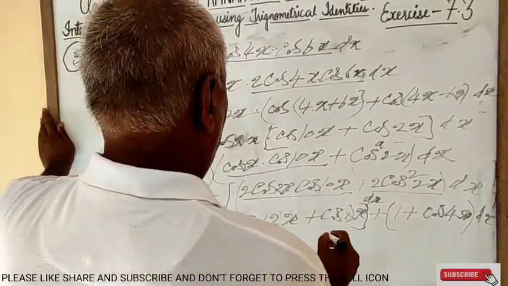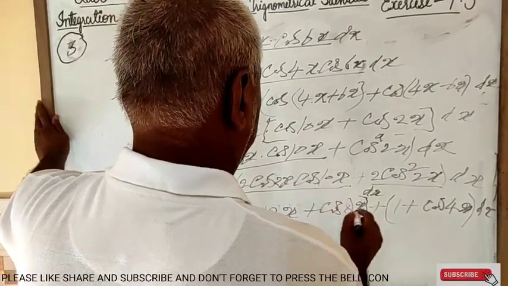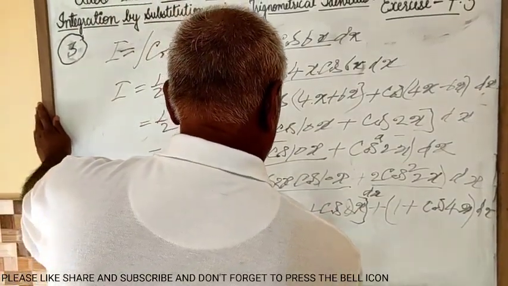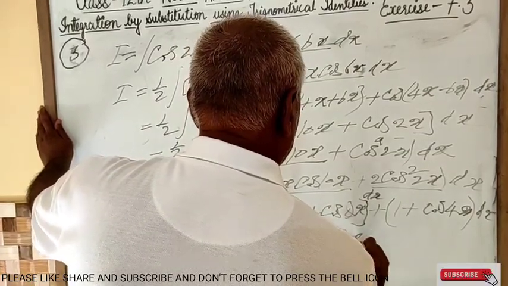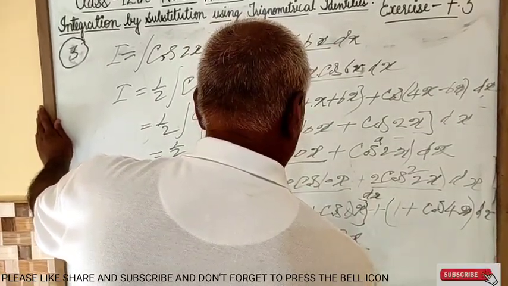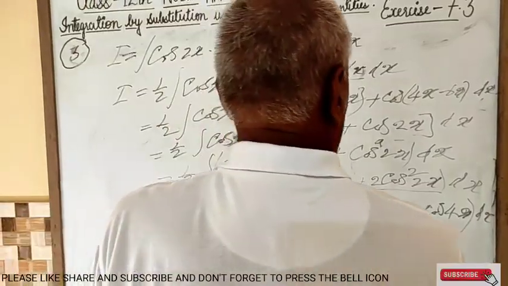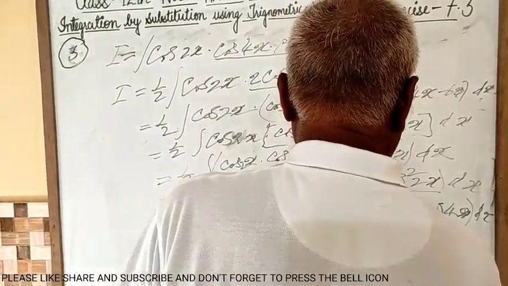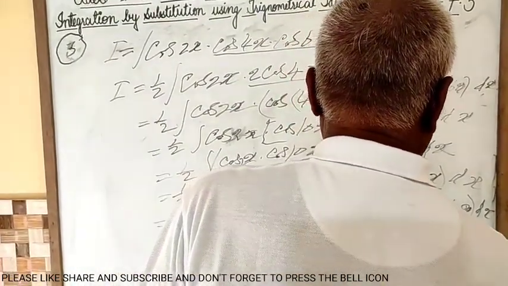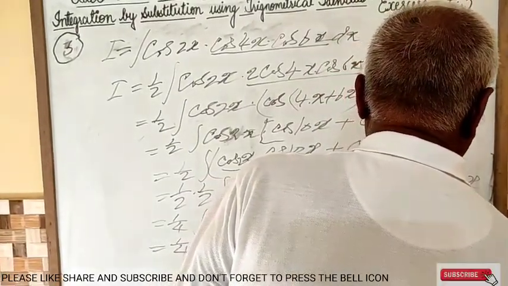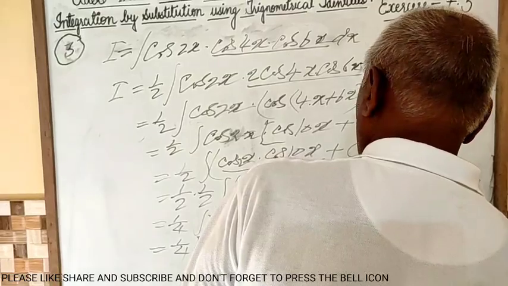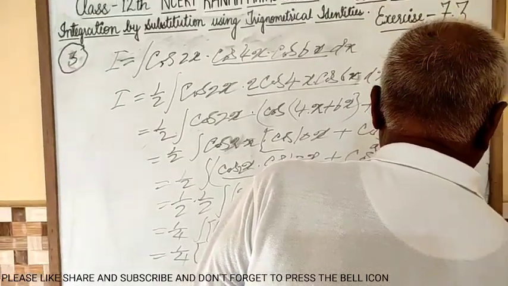And cos 8x gives sin 8x upon 8, plus x plus sin 4x upon 4, plus c.